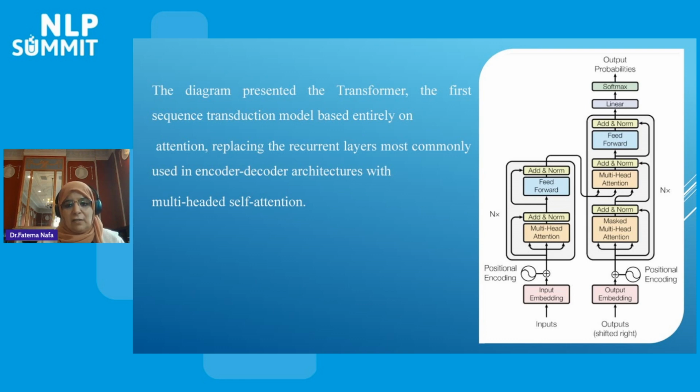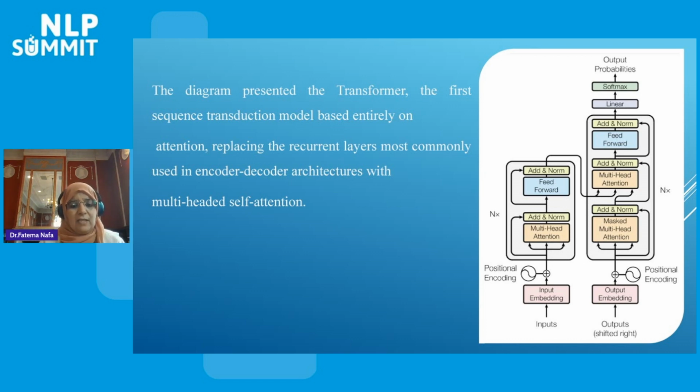And we can see here the attention model, which is the main component of these large models. The reference for this diagram is "Attention Is All You Need," a paper that gives a detailed description of the diagram. Now, this diagram represents the transformer, the first sequence model based entirely on attention.